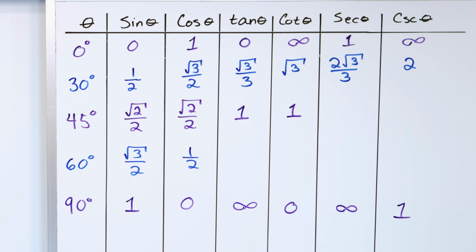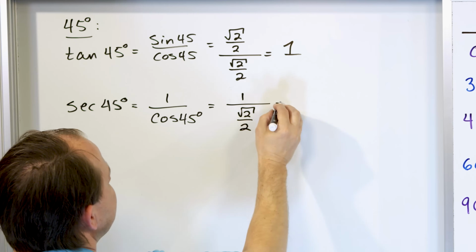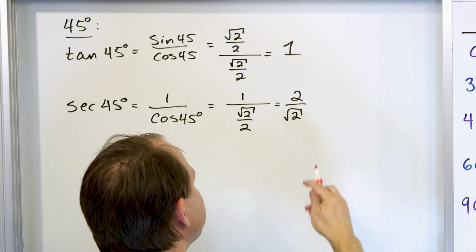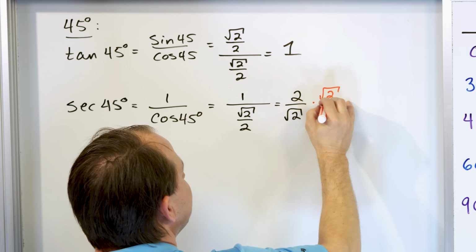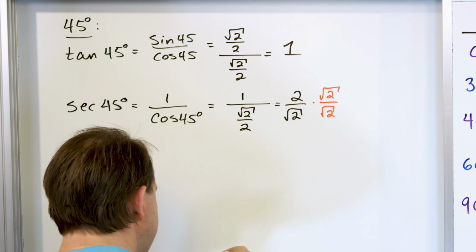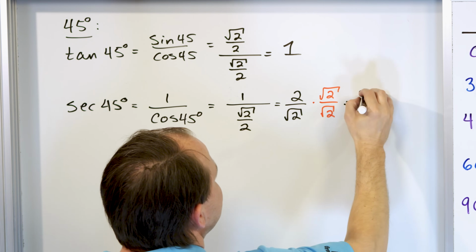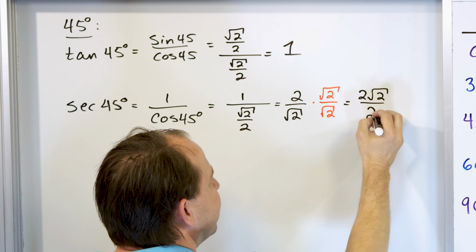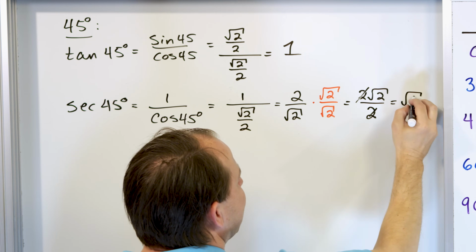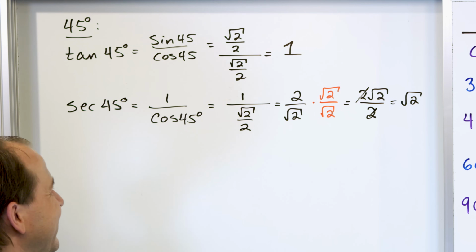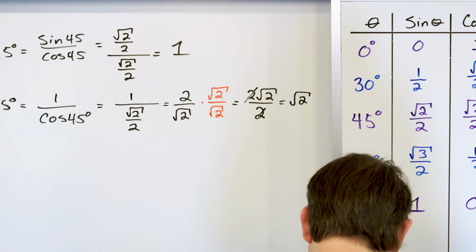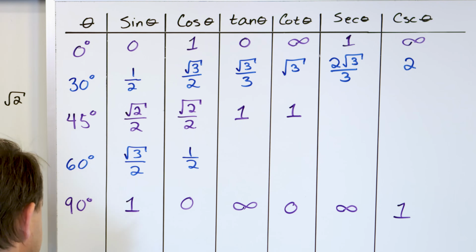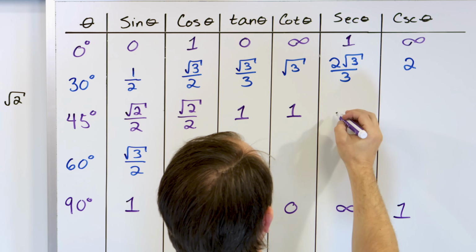So 1 over square root of 2 over 2, when you flip it over, is 2 over square root of 2. We don't like the radical in the bottom, so you must multiply by square root of 2 over square root of 2. And so what you're going to get is 2 times the square root of 2 over square root of 4, which comes out to 2, which means the answer is actually square root of 2. So the secant of 45 degrees works out to be, let me just double check myself, square root of 2.